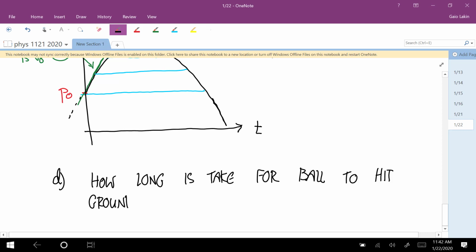And let's do these together. And how fast is it going? Or let's actually say, what's the velocity? How fast is asking about a speed that's always positive. What's the velocity the instant before it hits the ground?